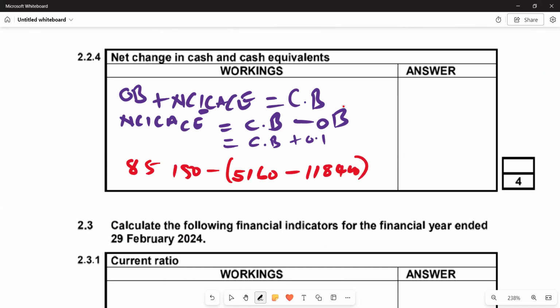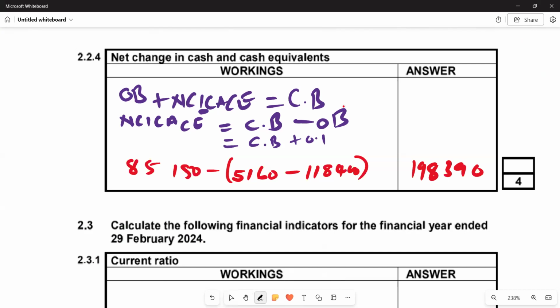And then the final answer that we got there was 198,390. So this is going to be your final answer. So this is exactly how we're going to calculate it.